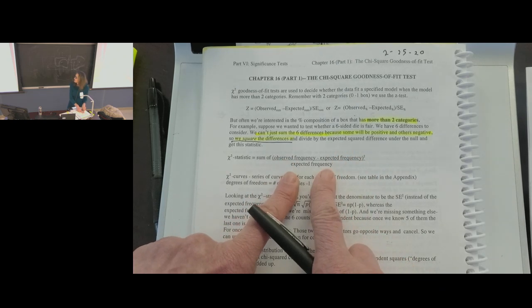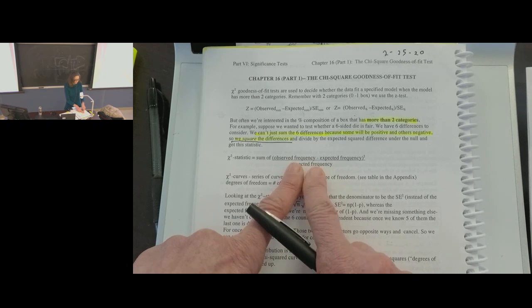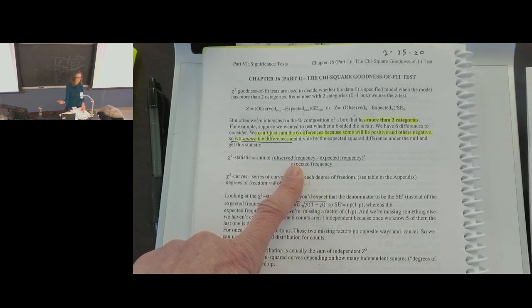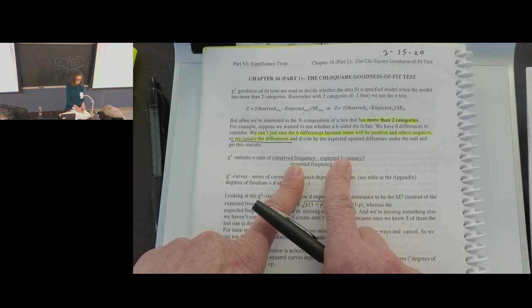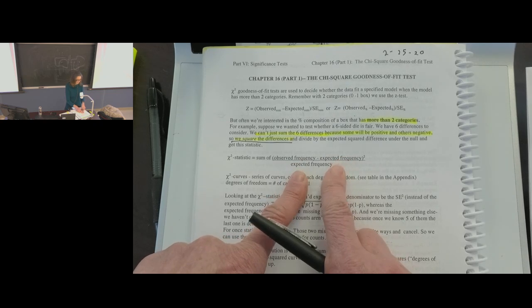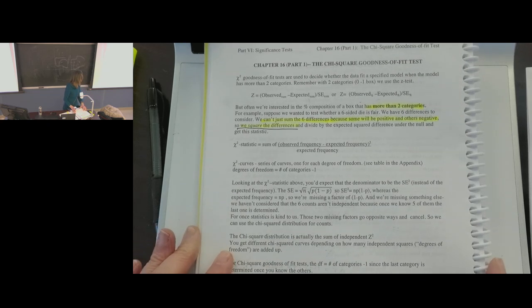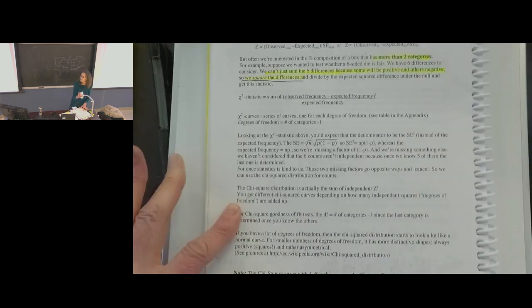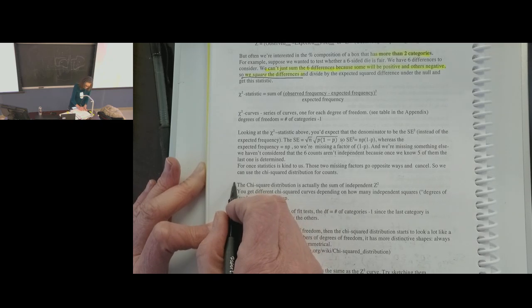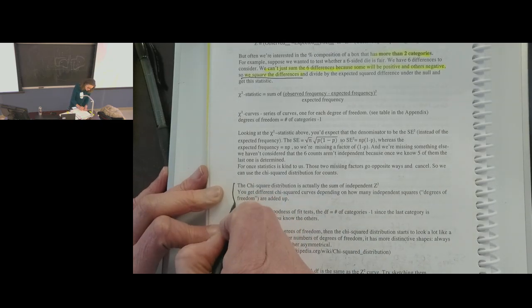This denominator might look a little unexpected to you. Why isn't it just our usual standard error, and then we could square it? Well, the chi-square statistic really is that. The chi-square distribution is actually just what you'd think.